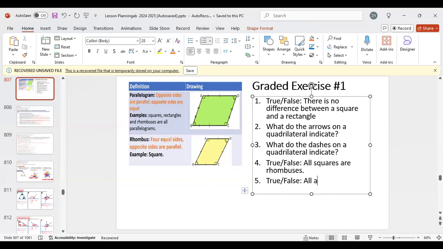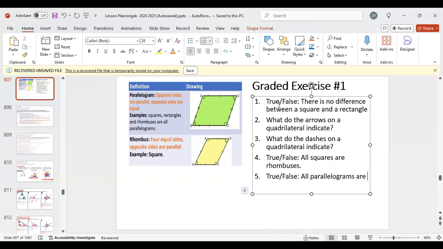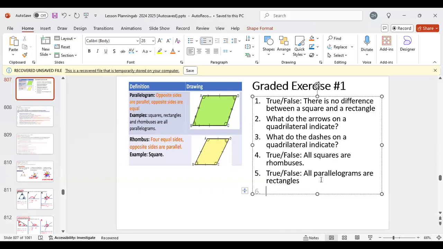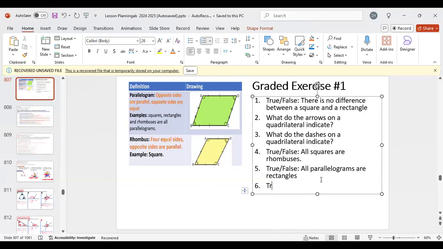All parallelograms are rectangles. True or false?